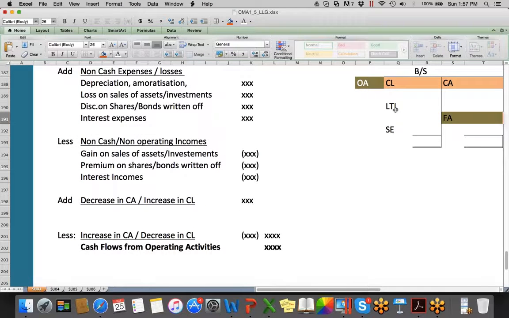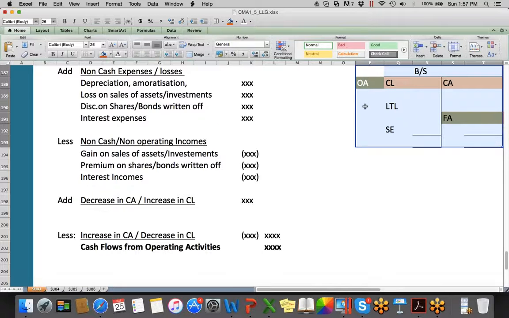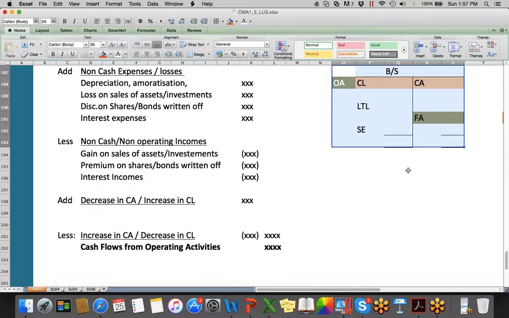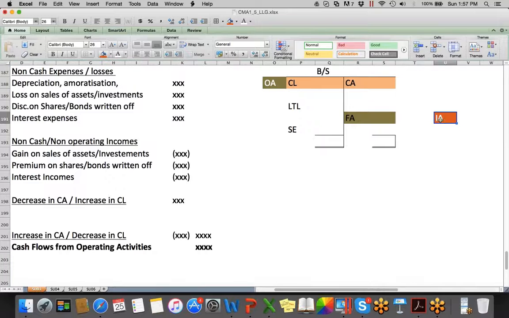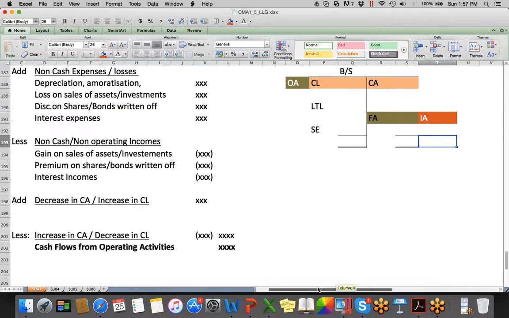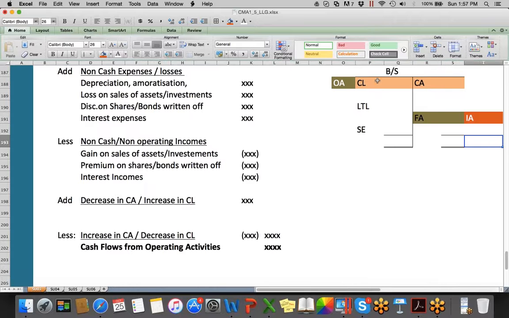Now let us discuss cash flows from investing activities. When you are discussing cash flows from investing activities, please look at the asset side of your balance sheet. That is the fixed asset side of your balance sheet. Now current assets and current liabilities we have already taken in the operating activities section.